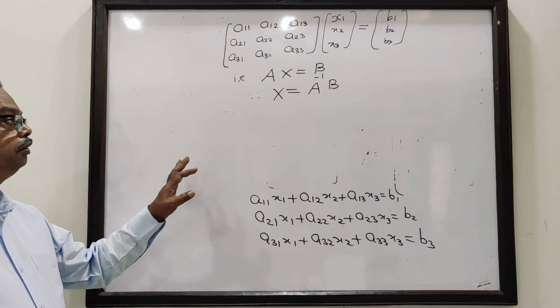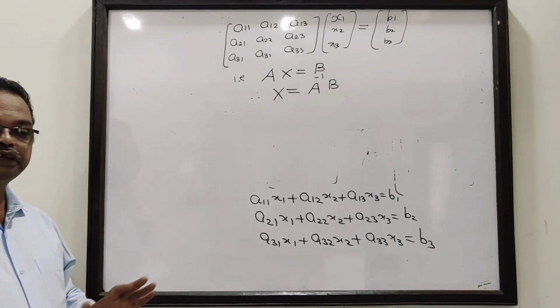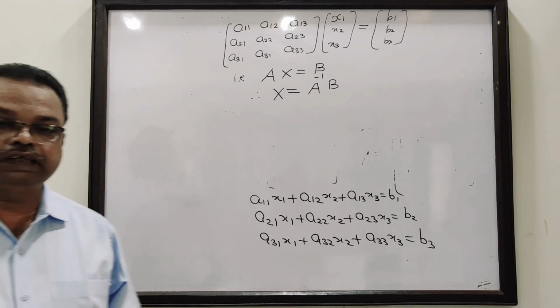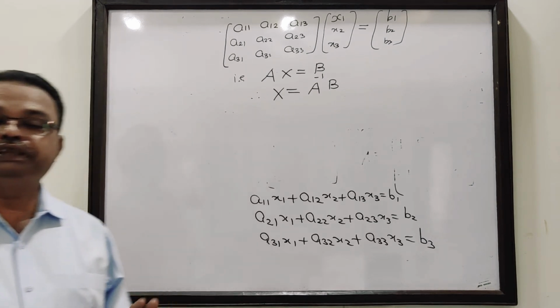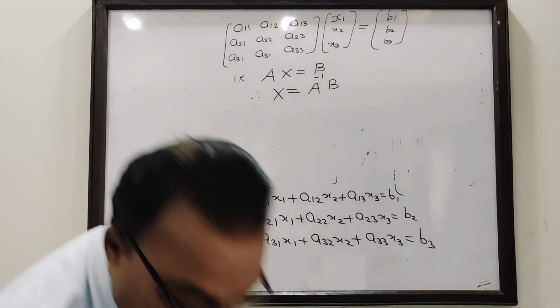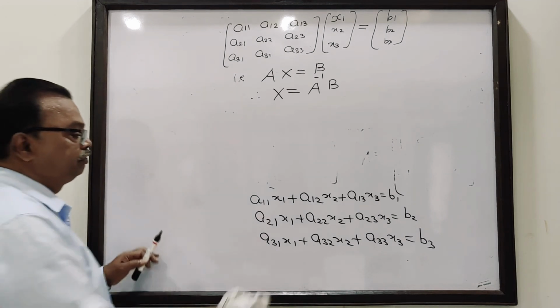Now, to solve the system of equations here, we are going to generalize it. The number of equations and the number of unknowns are not necessarily the same. But before that, I have to define what are called elementary transformations.